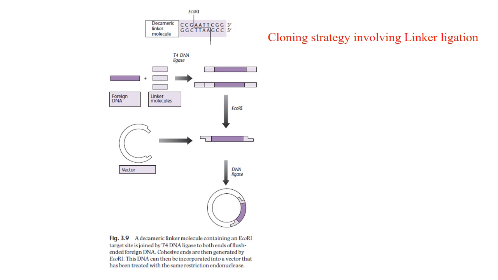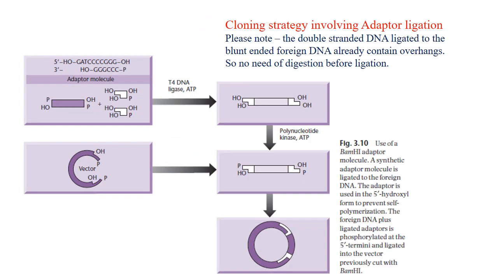That overhang actually helps in cloning the foreign DNA into the cloning vector. Similarly, in case of adapters, you have the overhangs present already. So you can directly go for ligating the fragment into the cloning vector to make your construct.